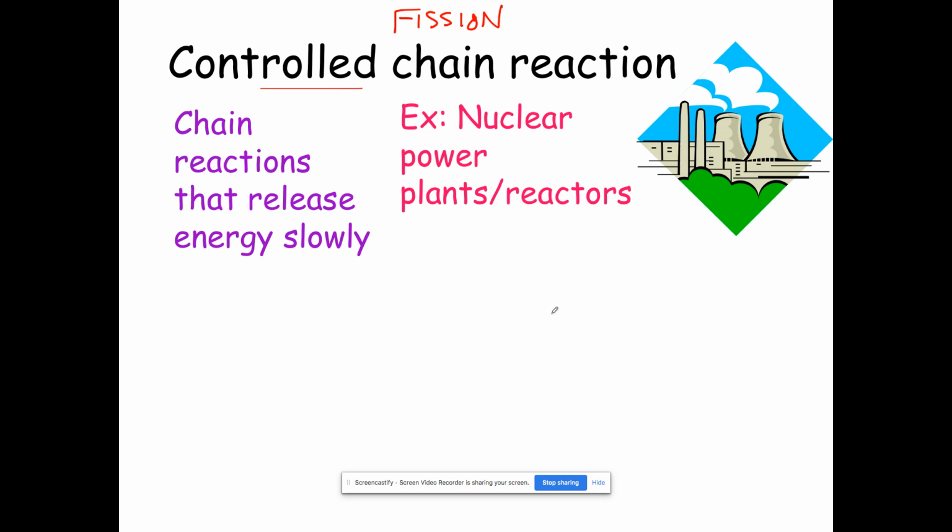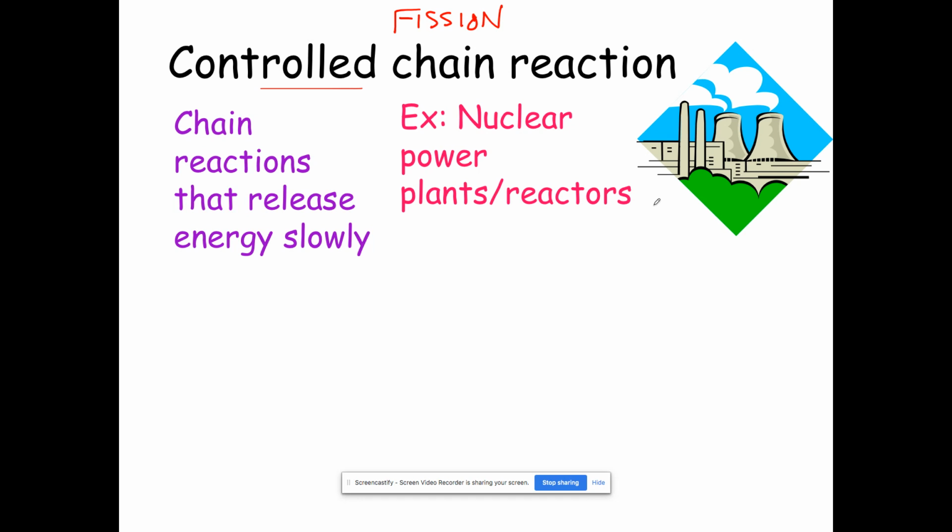So controlled chain reactions are found in nuclear power plants or reactors. So we use fissionable fuel and we bombard it with neutrons, and all of that is kept in check by moderators and control rods, which, if you're going to continue looking at nuclear power plants, we'll talk about. So we are able to harness that energy from the chain reaction of splitting in a controlled way.